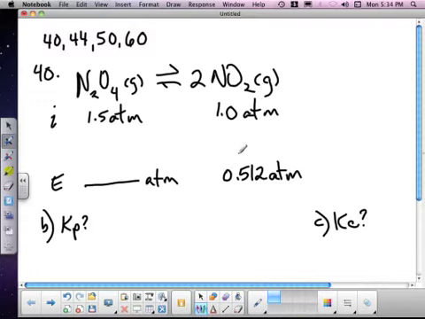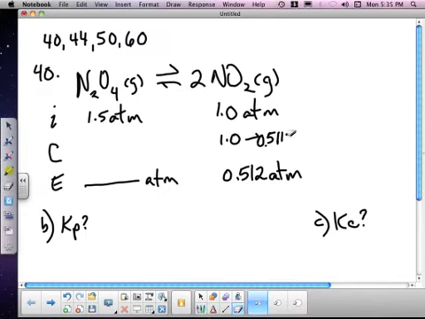So what you've been given here is the X, the change. And the change is I went from 1.0 to 0.512. Now this is a little bit different in that we are not going to be going to the right. The information given to us, this went down. So we must have shifted to the left.